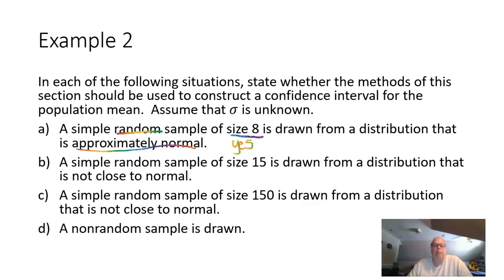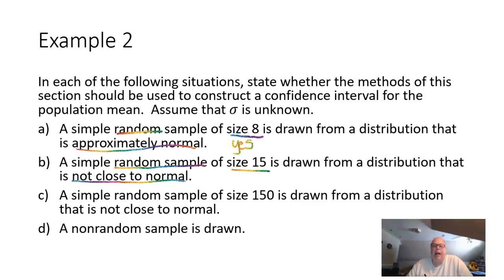All right, part B, we have a simple random sample of size 15 drawn from a distribution that is not close to normal. Again, we've got our random sample, that's okay. We have a small sample size, that's okay, but we know our population is not even close to being normal.